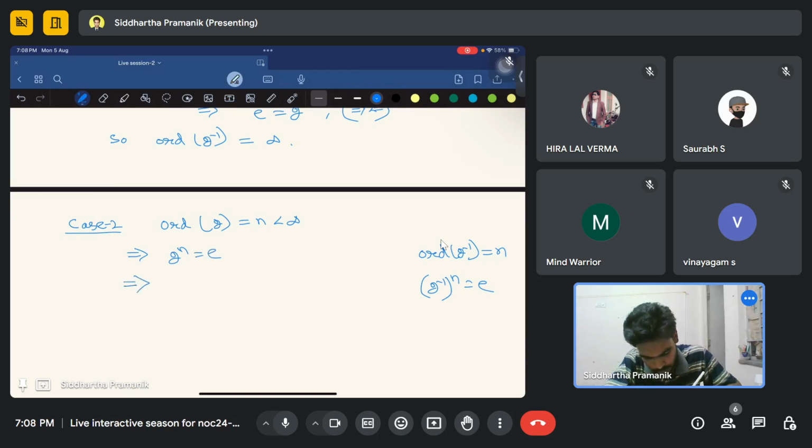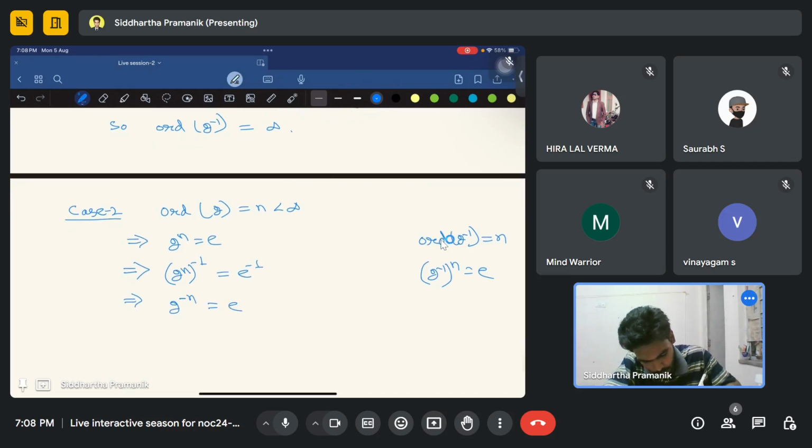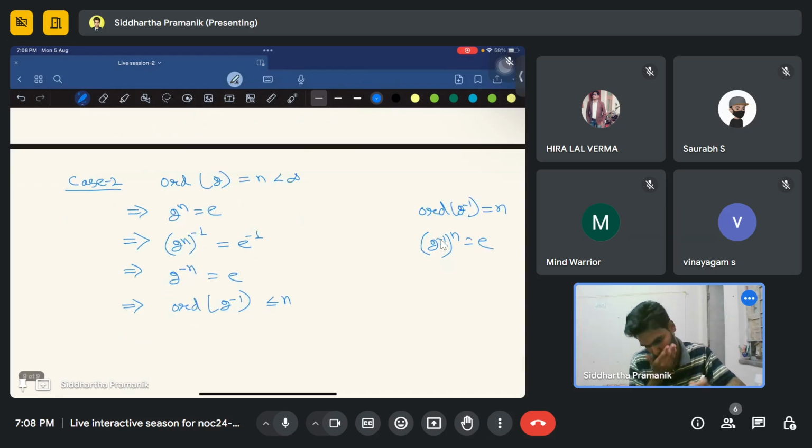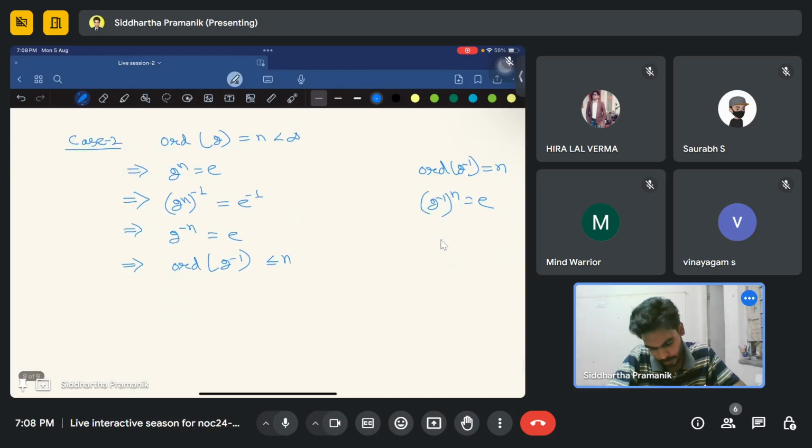So from this we can say g power n inverse should be equal to the inverse of the identity. So that means g power minus n equals identity. So from this we can conclude order of g inverse should be less than or equal to n, right?